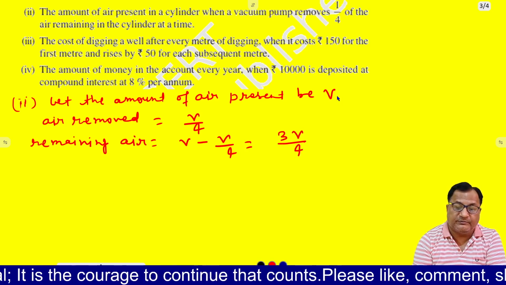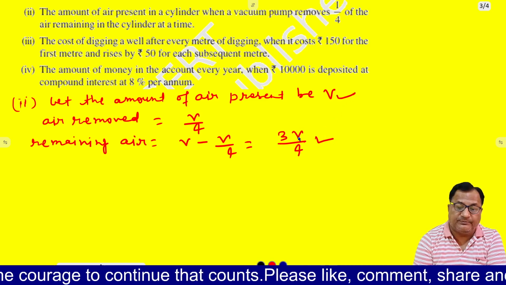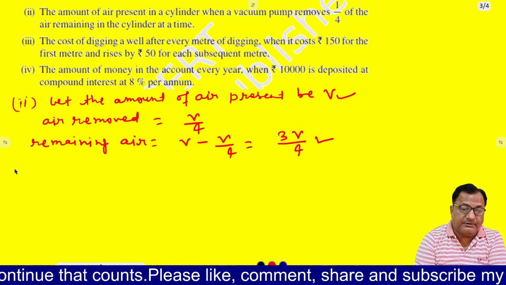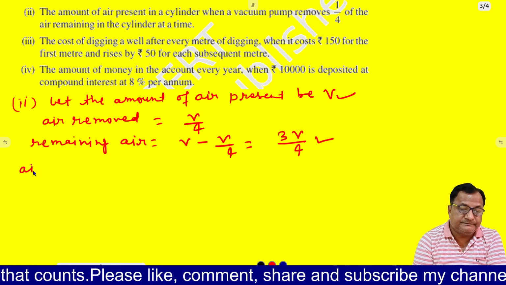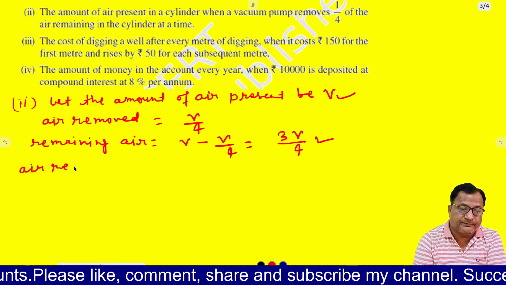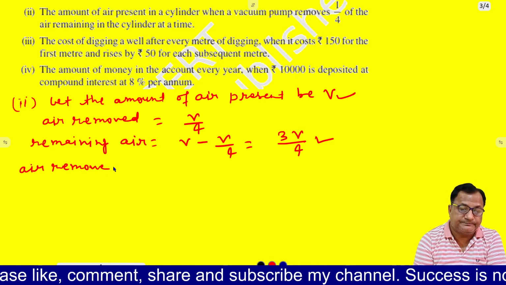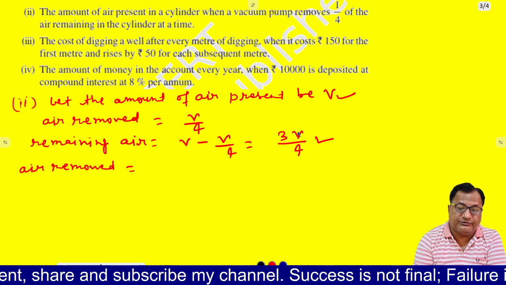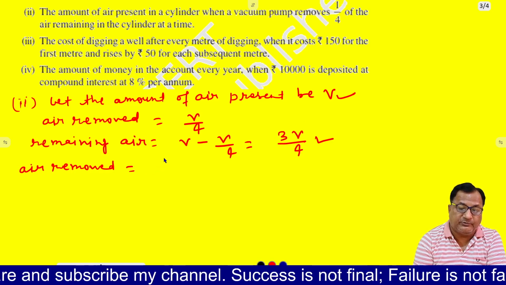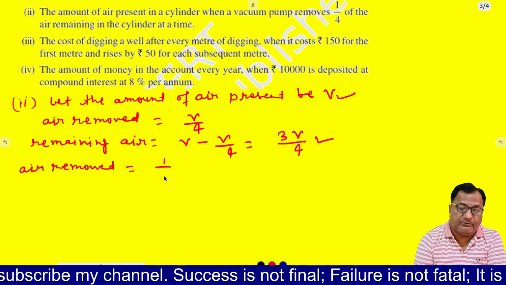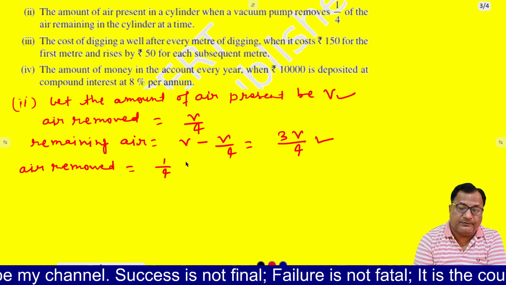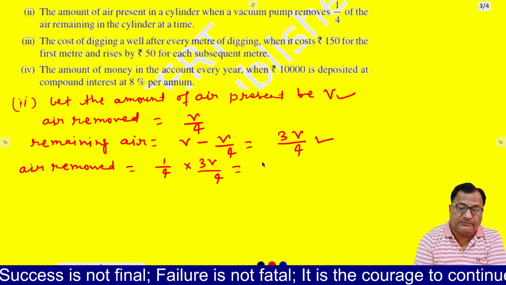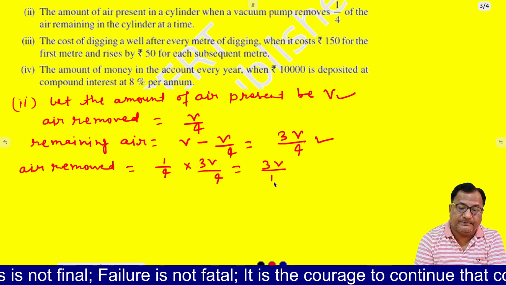So first it was V and then it is 3V by 4. Next time when air is removed, the remaining air is this, so 1/4 of this will be removed, means 1/4 of 3V by 4. So this will be 3V by 16.